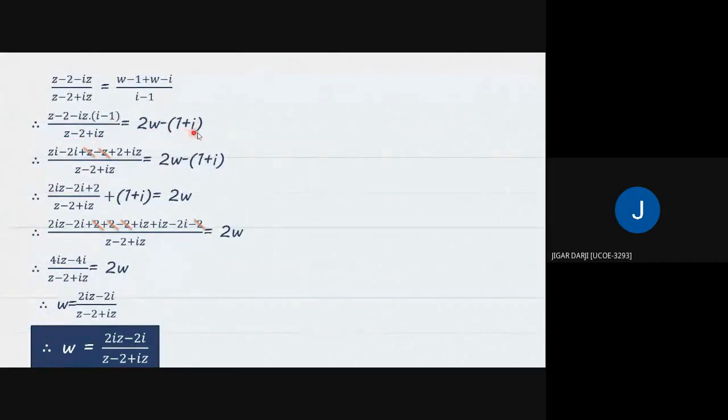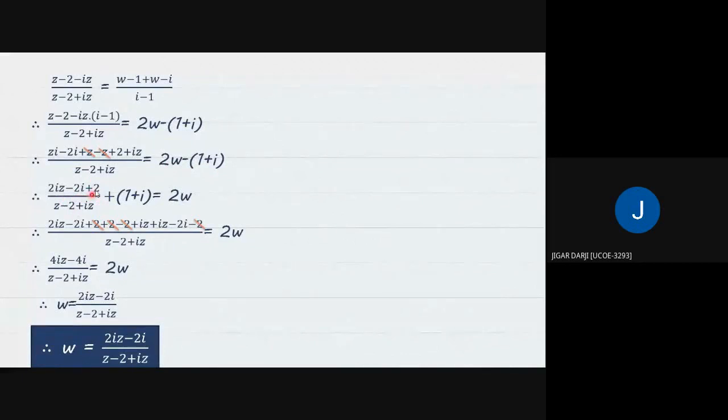By multiplying minus z into the bracket, we get zi minus 2i plus z minus z plus 2 plus iz divided by (z minus 2 plus iz) equals 2w minus (1 plus i). So zi plus zi equals 2iz, and plus z and minus z get cancelled out.